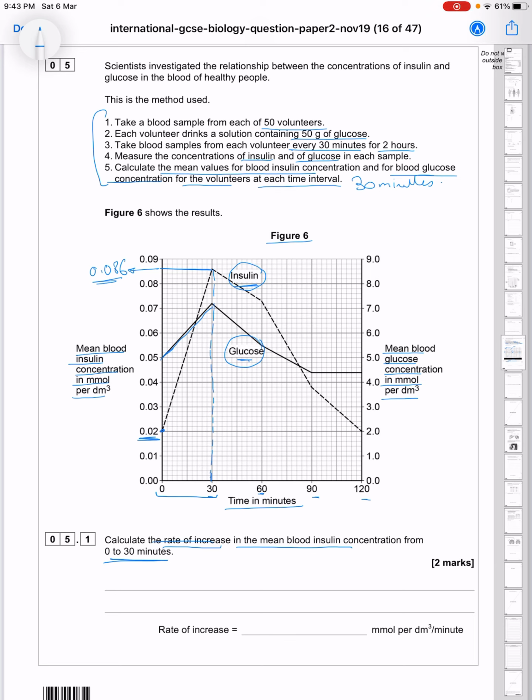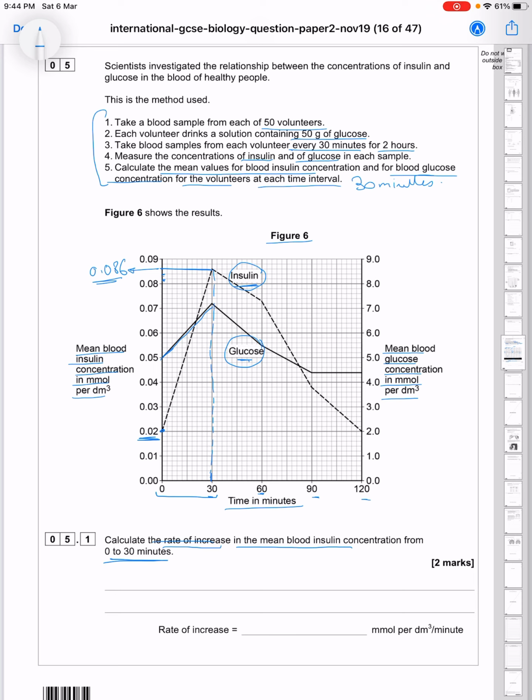Since every square here is 0.02, as you see, as there are 5 squares, that's 0.02, 0.082, 0.084, 0.086. Every square is 0.002.